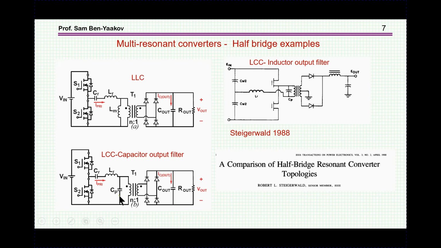We have two capacitors, a resonant inductor, connecting in parallel to this capacitor, and then we have a capacitive filter here to the output. Now, a comparison of the half-bridge resonant converter topology was worked out by Professor Steigerwald in 1988, I guess, and this is a classical paper, highly recommended to read as an introduction to resonant converters.